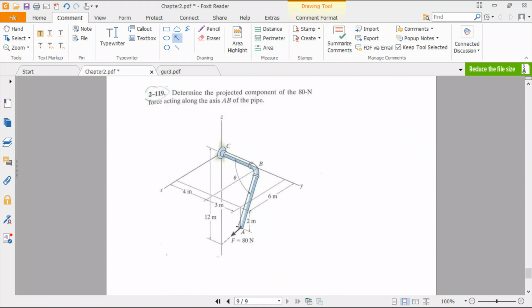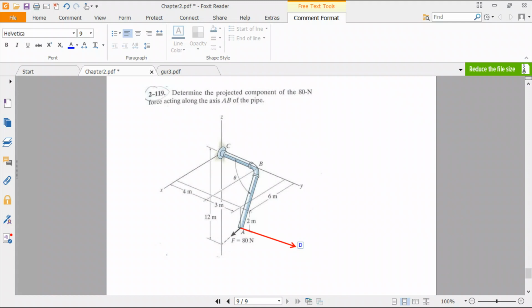So let's say that this point is D. Sorry, this is not the one, my mistake.